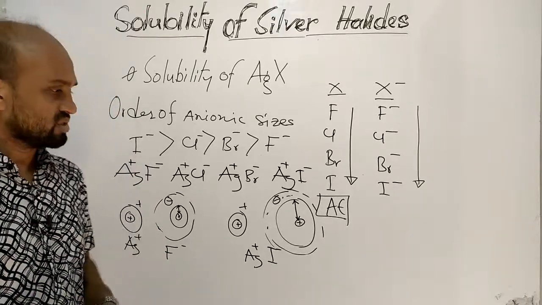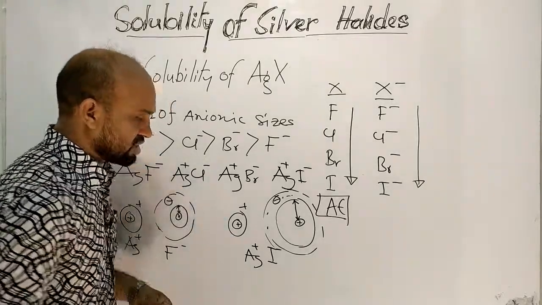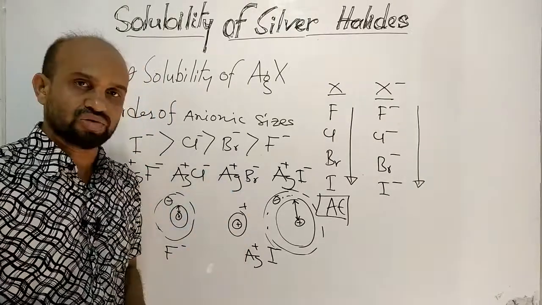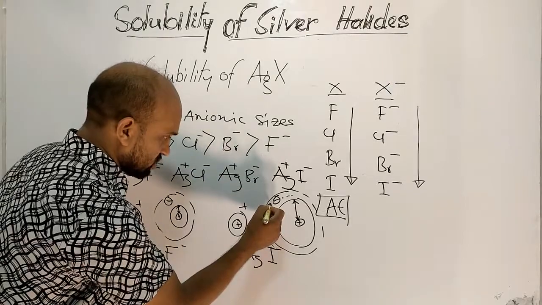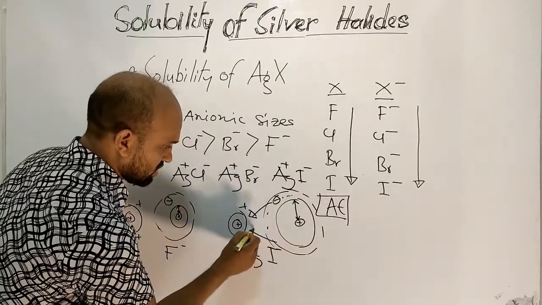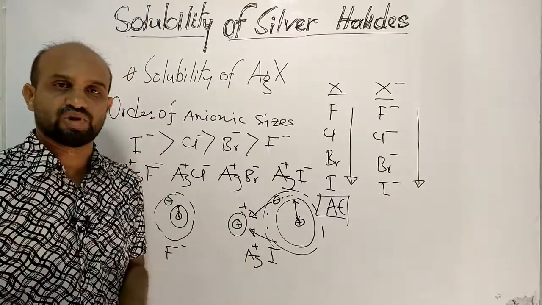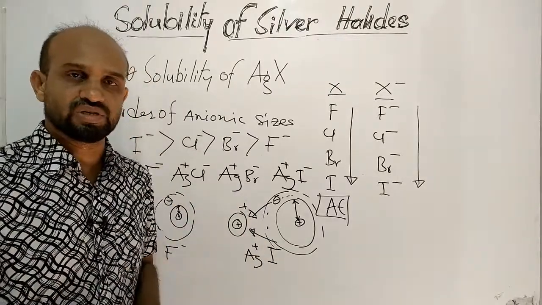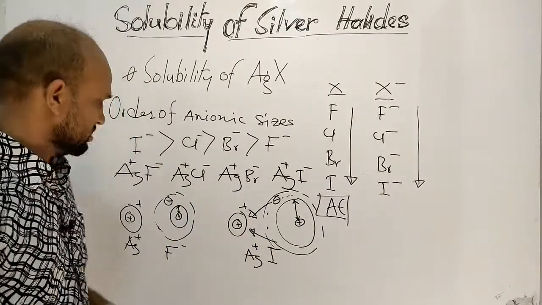As a consequence this cation attracts this electron cloud, and electron cloud comes here on a large scale. That means polarization happens here on a large scale.